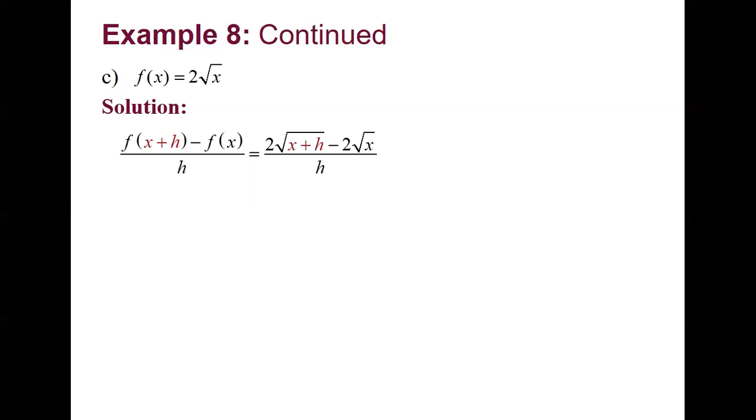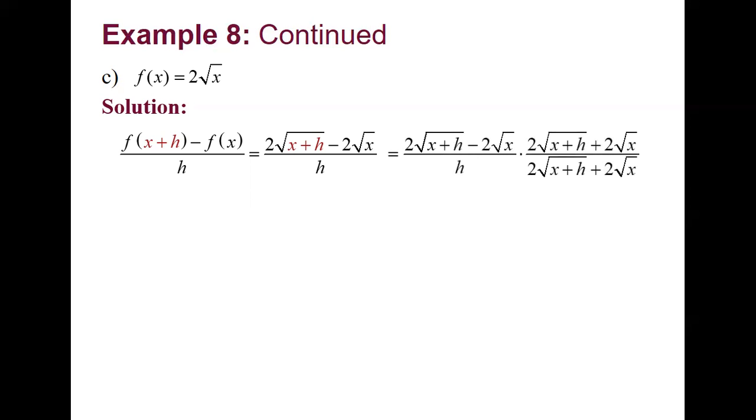Looking at this right off the bat, the only thing I can do is rationalize. Remember, rationalizing means that you're multiplying to get rid of the square roots. When you rationalize, you multiply by the conjugate. The conjugate means instead of whatever operation you're doing, you do the opposite.